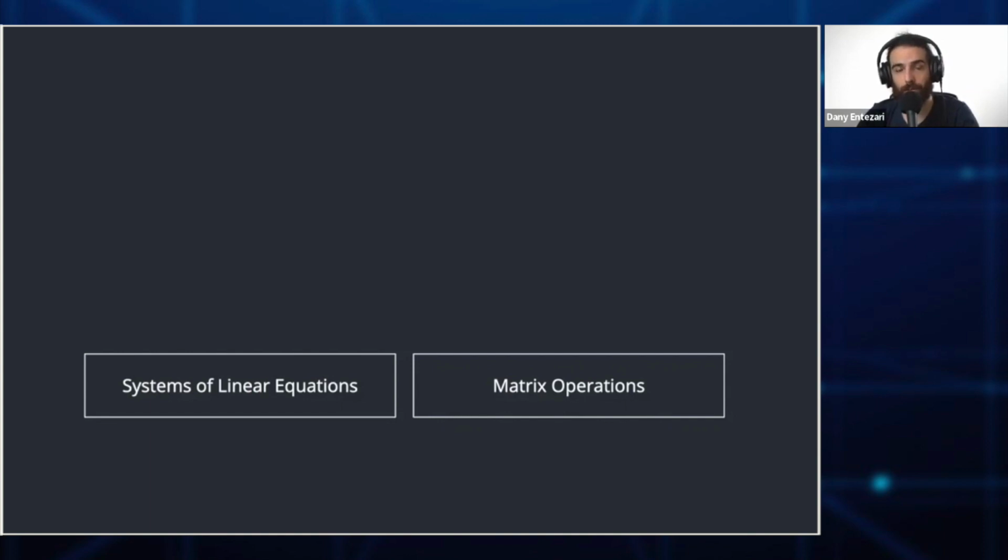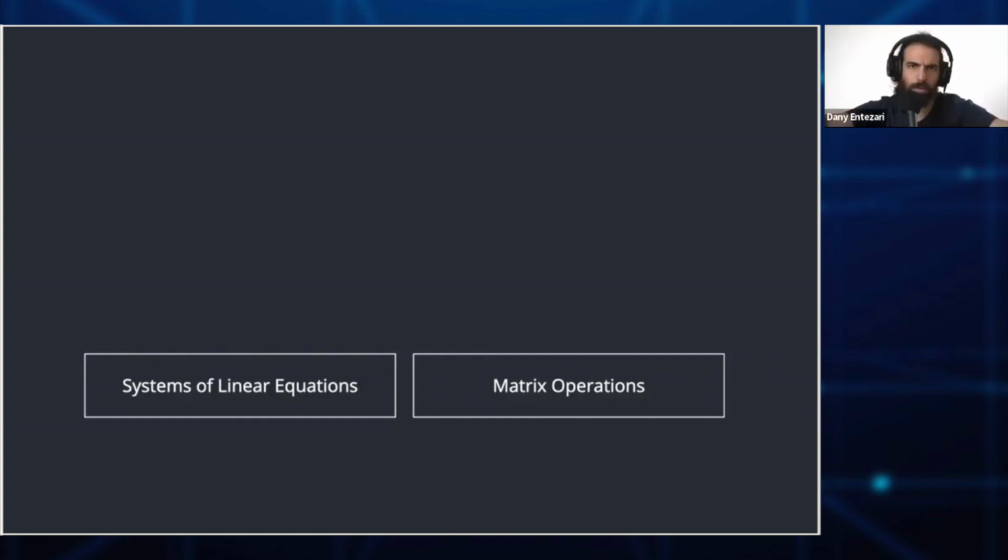By finding the roots of an equation, and if that equation happens to be a model, we would have found the essence of that model. And with linear algebra, we're able to do this for a sequence of equations. So that's the first part.